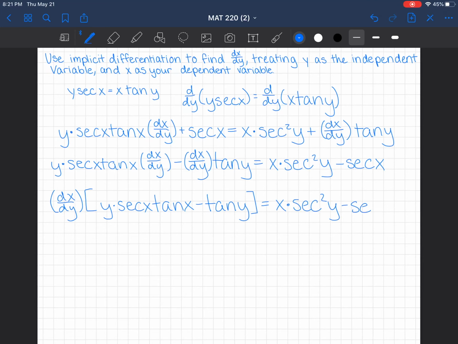And then we can go ahead and divide out that term, so that way our dx/dy is alone.